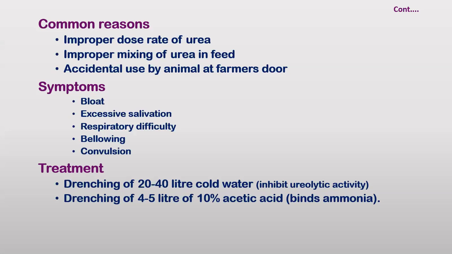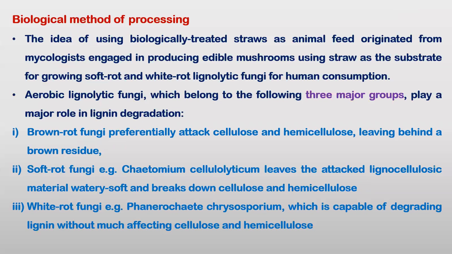And we can drench 4 to 5 liters of 10% acetic acid to reduce and neutralize the pH of the rumen, so that the acetic acid will bind with the ammonia and reduce the pH of the rumen. In that way, we can immediately relieve the animal from urea toxicity.